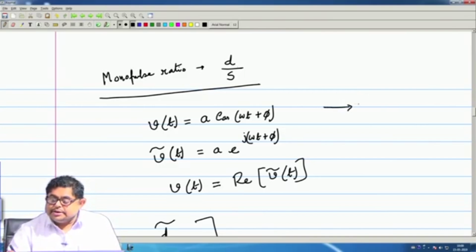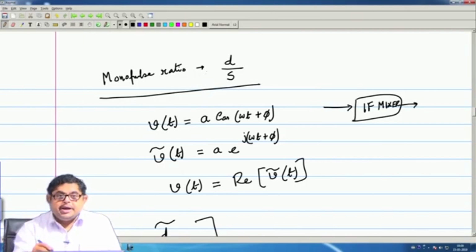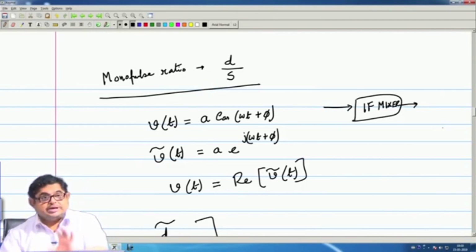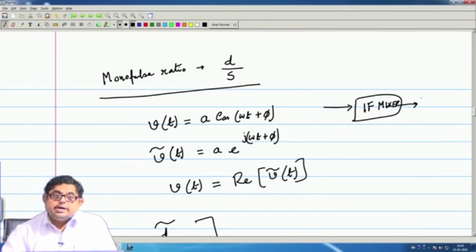Provided we are in the receiver, after I get the signal there is an IF mixer. So, in the mixer this phase information should be preserved. The monopulse receiver should preserve that.